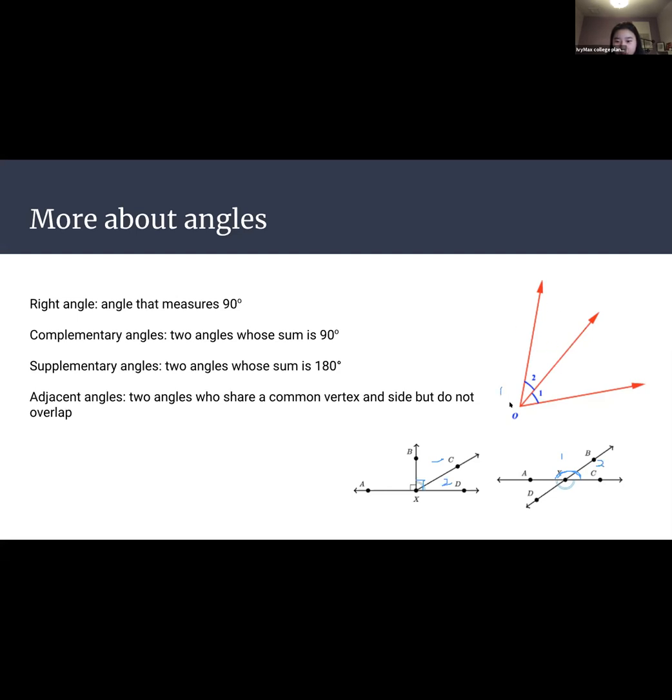Just like this. Here is a perfect example. So yeah, let's move on. And if you want to take notes on the slides, you can pause the video and then take notes.